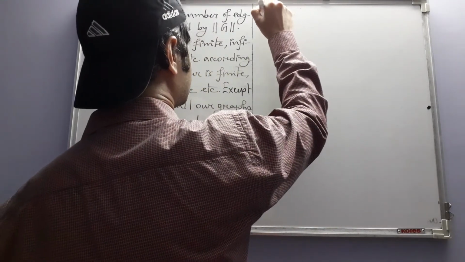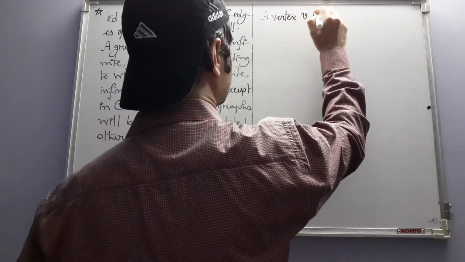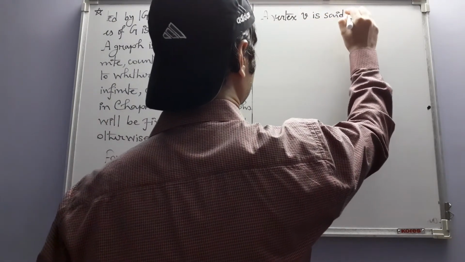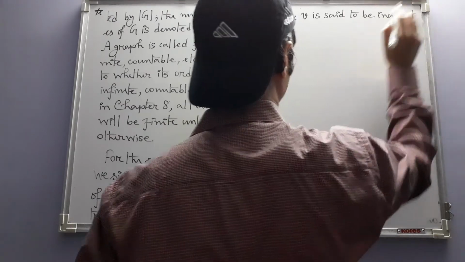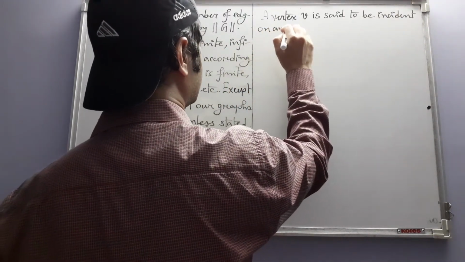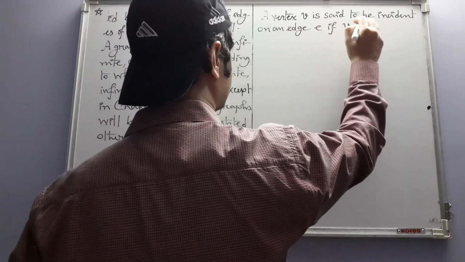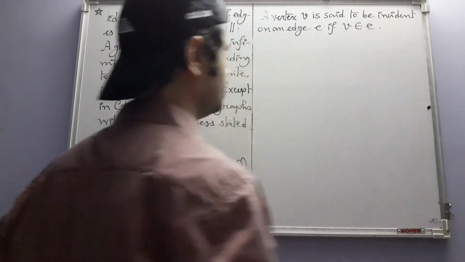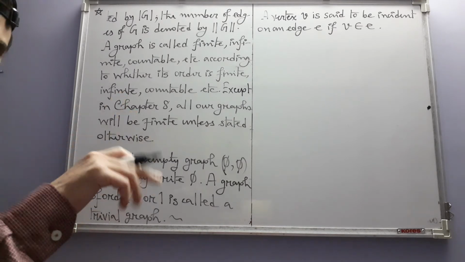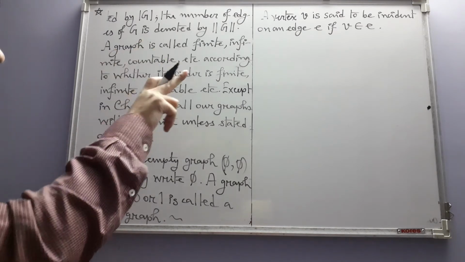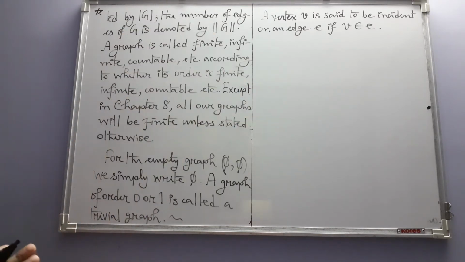A vertex v is said to be incident on an edge e if v belongs to e. Because e, according to its definition, is a two-element subset of the vertex set, it makes sense to ask whether a vertex belongs to that two-element subset or not.